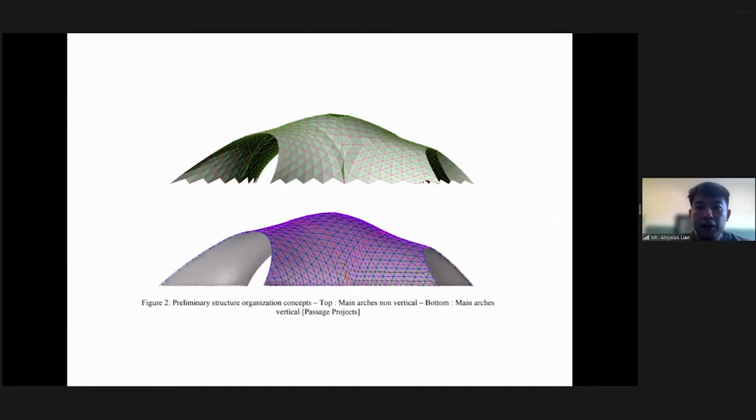Okay. So we worked with a very good engineer, Passage Projects, who was able to rationalize our design concept and make it structurally efficient. The good thing about the application of computational design is that even though this is a very complex project, we were able to communicate using a Grasshopper script file that was very small in size.